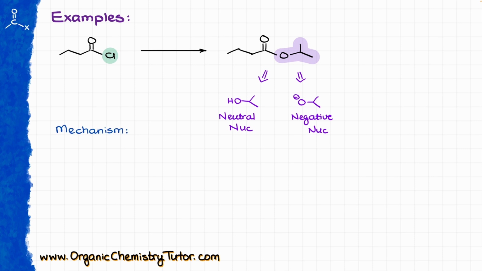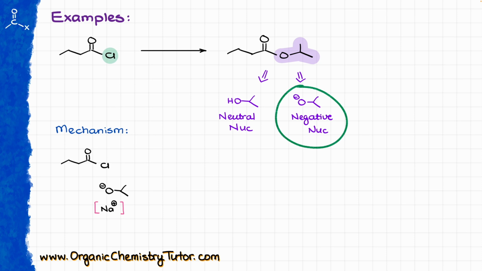So let's say for the sake of this example, we are going to go with the negative nucleophile, which is my alkoxide. I'm going to start with my acid chloride, and right next to it I'm going to draw my negative nucleophile, my isopropyl oxide, which will have, let's say, something like sodium as the counter ion. Now, of course, like in any case of the alkali metal, this sodium is really irrelevant to us, so it can be sodium or potassium or lithium for all I care, doesn't really matter for our purposes.